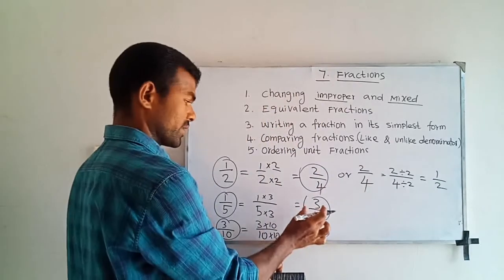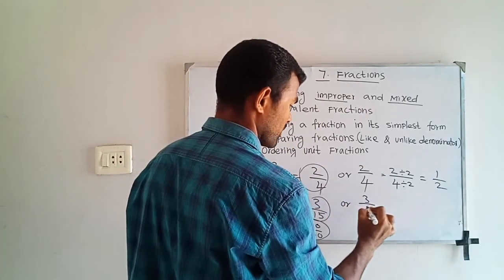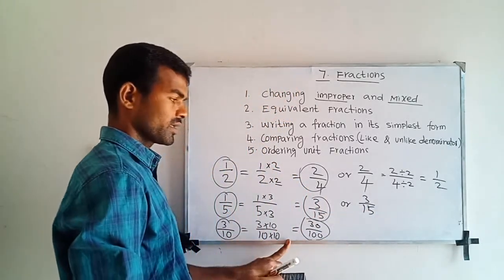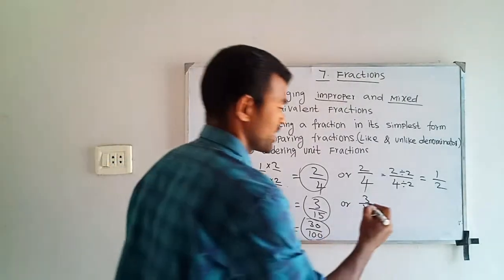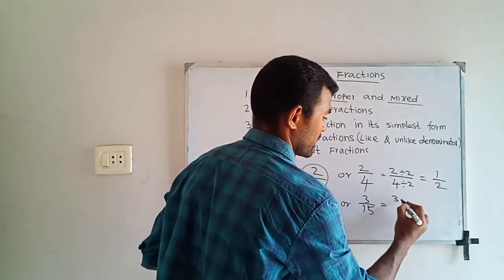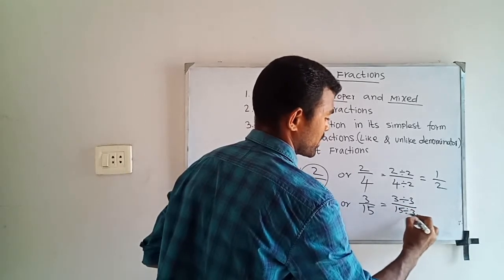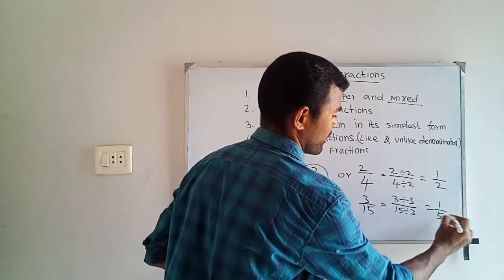Yes. Now take this number 3 by 15. Divide both the numbers by 3. 3 divided by 3, and 15 divided by 3. Yes. So how much? 1 by 5. Yes.